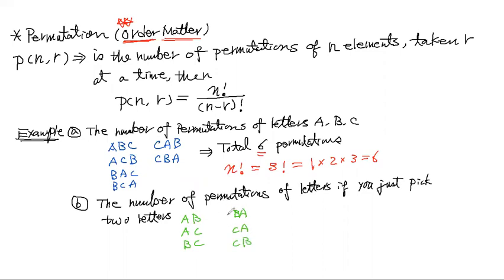So for AB and BA, because permutation is an order matter, we treat AB and BA as 2 different outcomes, because who is the first, who is the second, they are different, right? So total, we have 6 permutations.